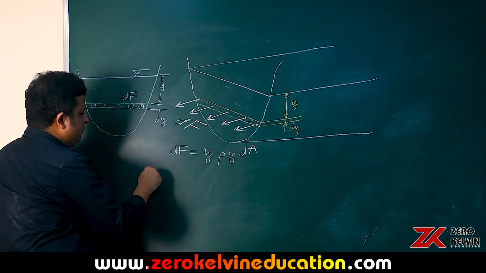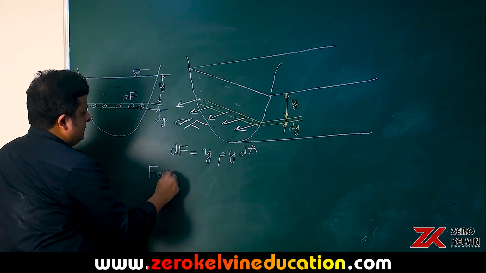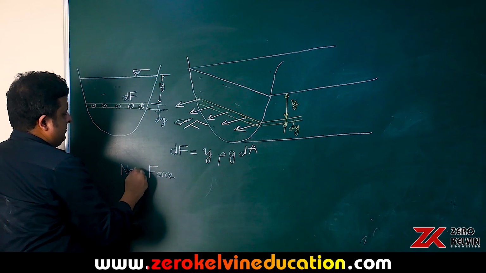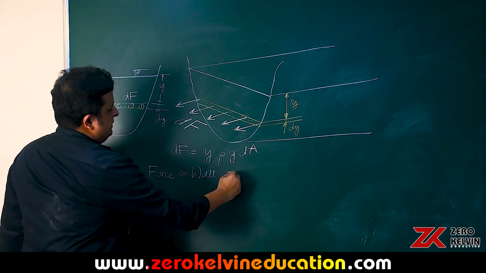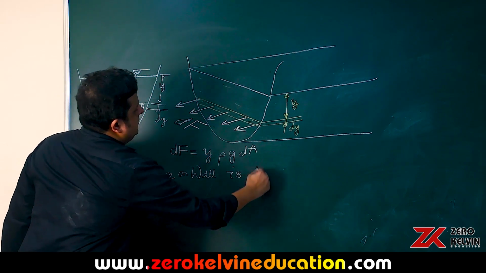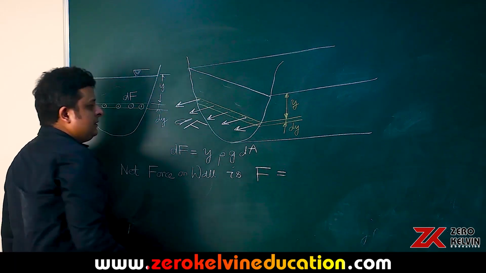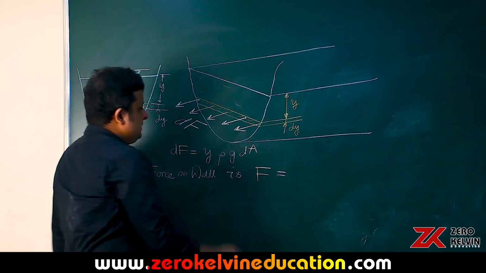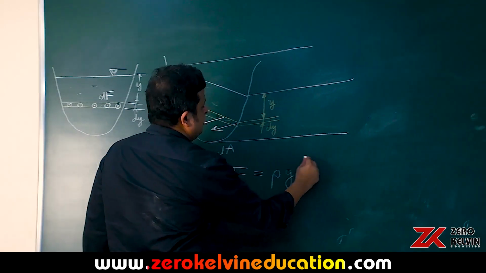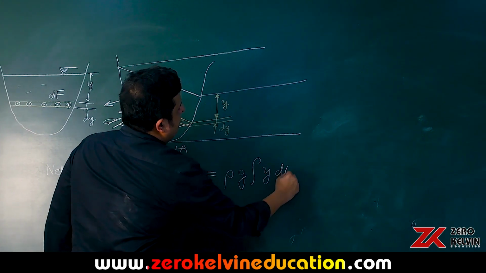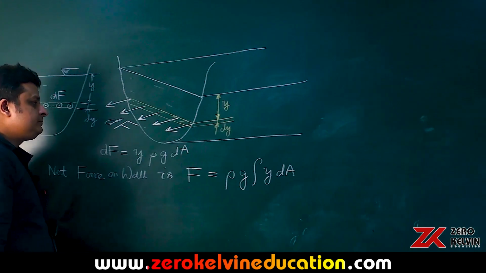So the net force on the vertical wall is F, such that we just integrate over this. This rho g will come outside, so F equals rho g integral of y dA.